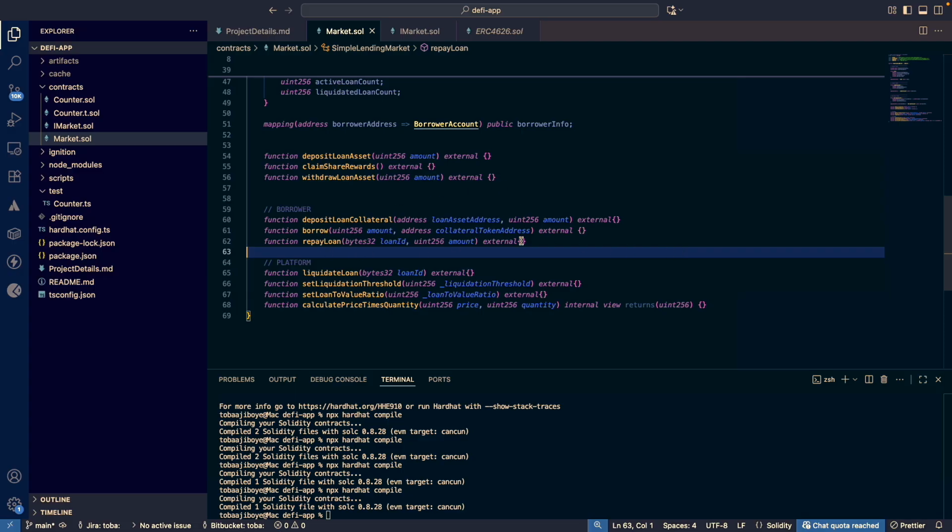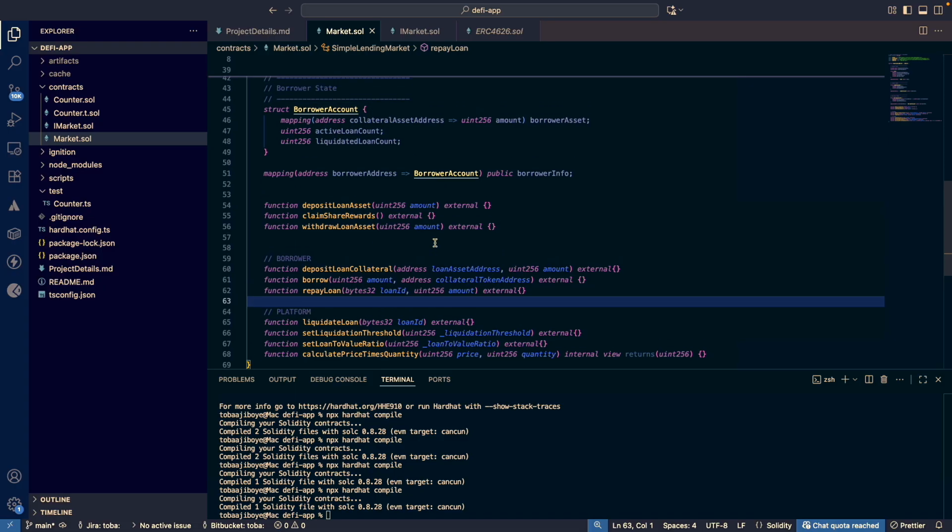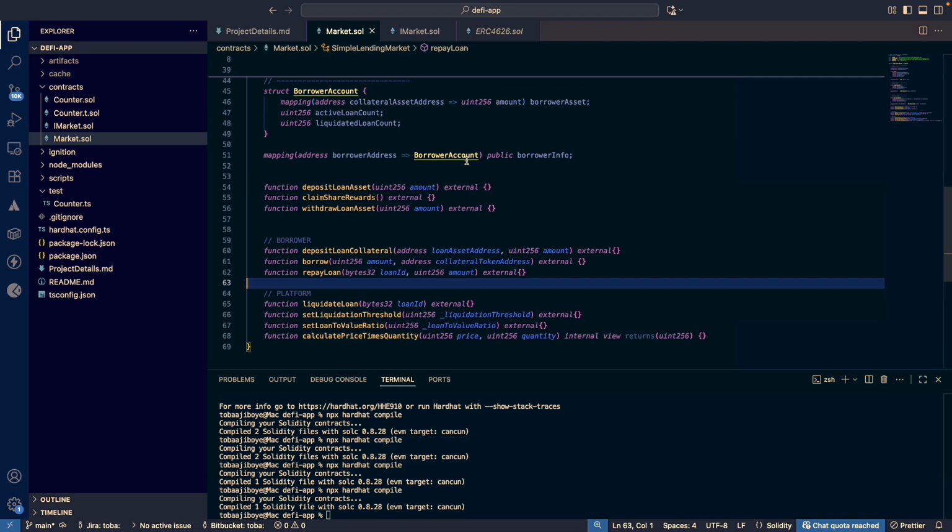This makes me realize that when a person calls borrow, the value of this collateral asset goes down. That makes sense. And when a person repays, the value of this goes back up. That makes sense. Okay, boom. So we've added one more function.